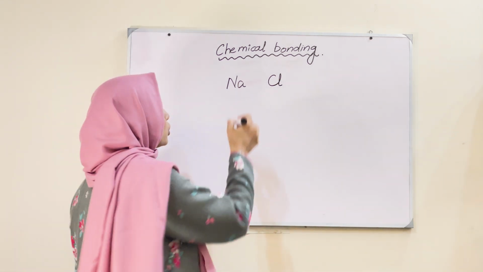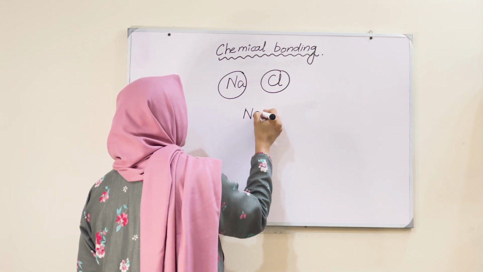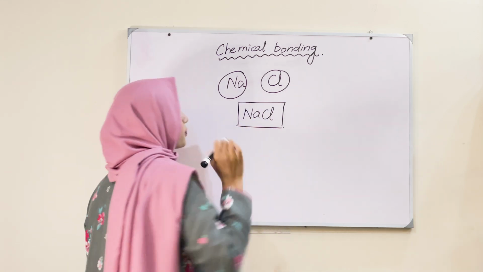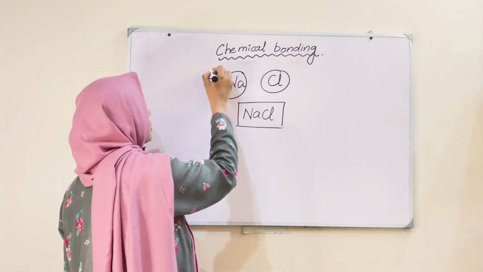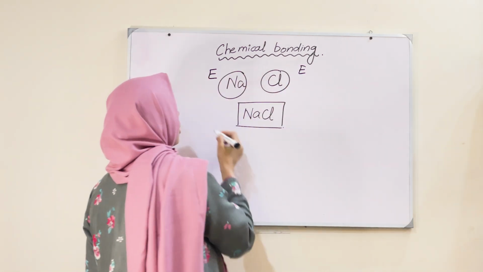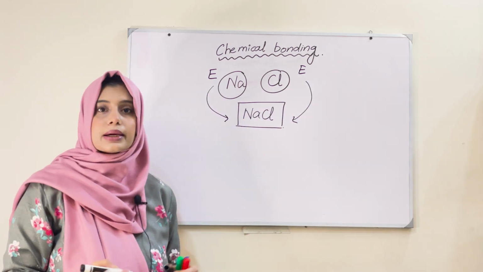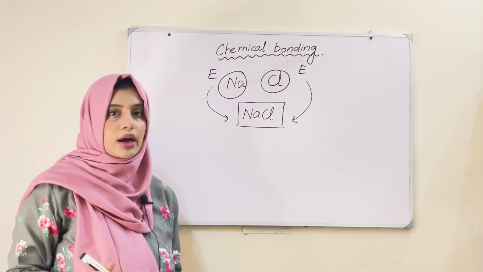When both of these elements combine together, they are forming NaCl, which is a salt, and this is a compound now. This was an element, this was an element. When both of the elements combine together, it is forming a compound. And there is an attractive force between these two elements.